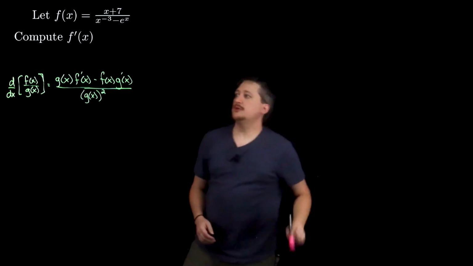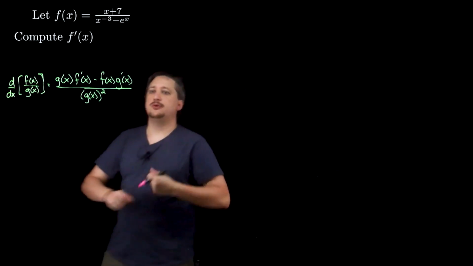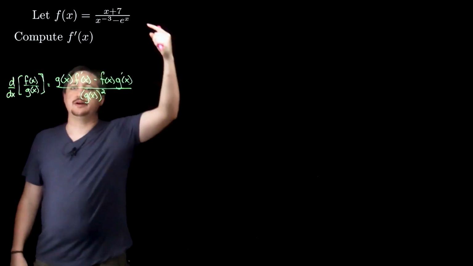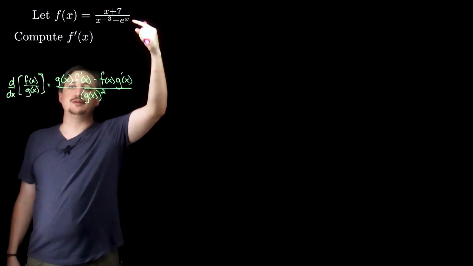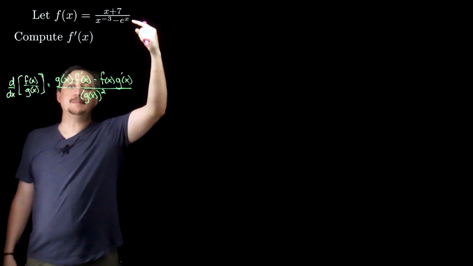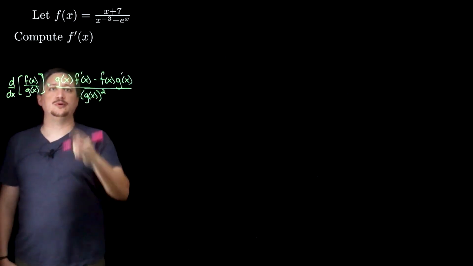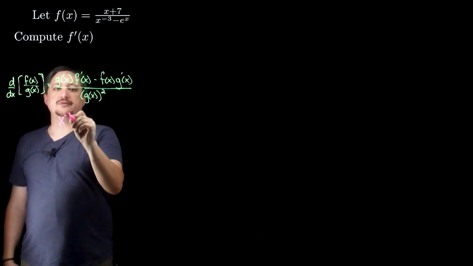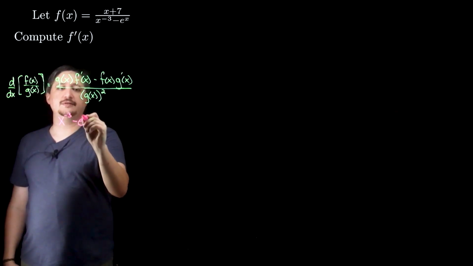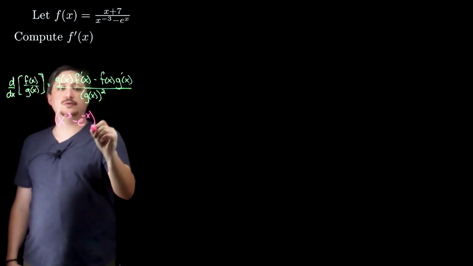Okay. So this is what I'm going to do. I'm just going to go ahead and write it out. So here, my top, my high, my f in this parlance is x plus 7. My low is x to the minus 3 minus e to the x. So I'm going to start by writing out the low. So I'm going to have x to the minus 3 minus e to the x. That's low.